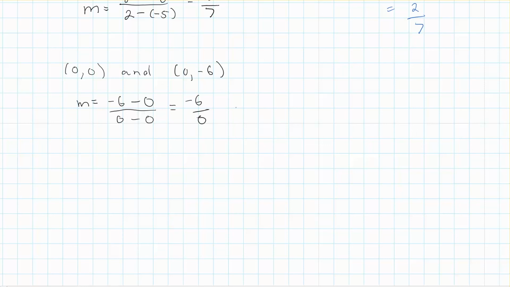This is a problem because you can't divide by 0, so this is equal to undefined. Remember, we say that this is an undefined slope, so my slope m is undefined, which we also know means that this is a vertical line.